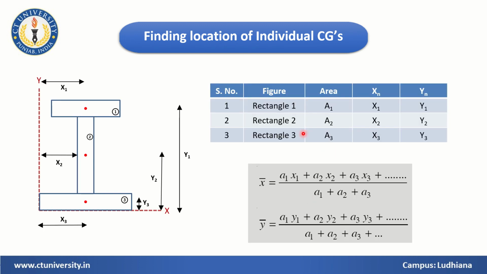Then calculate areas for the three rectangles A1, A2, A3, and put your values of x1, x2, x3 here to find x bar. For y bar, it will be A1 y1 plus A2 y2 plus A3 y3 divided by A1 plus A2 plus A3, right?